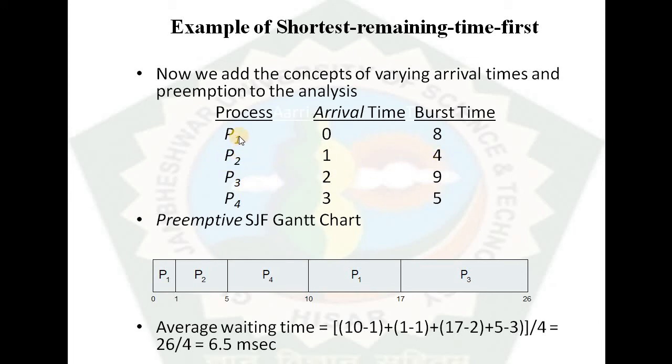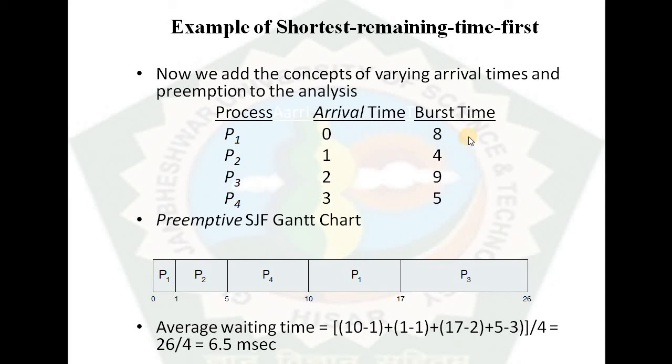Now we have 3 processes left, P1, P3 and P4, and P1 has executed for 1 millisecond, and the current state is stored in the PCB of P1. The total CPU burst time requirement of P1 was 8 and it has completed 1 millisecond, so the remaining burst time is 7 for P1.